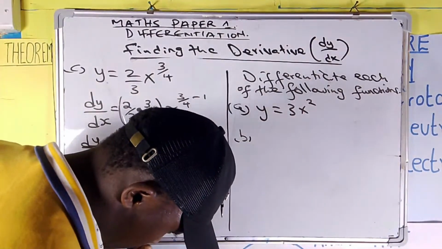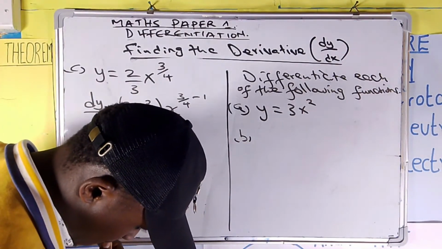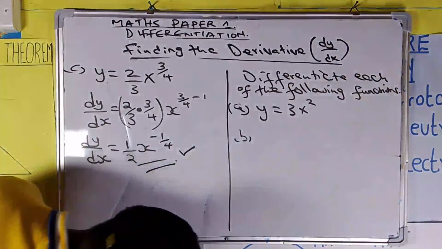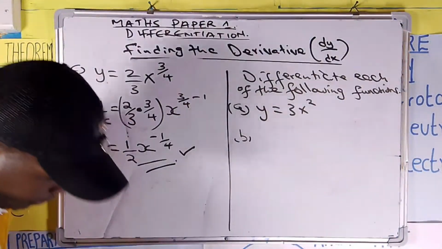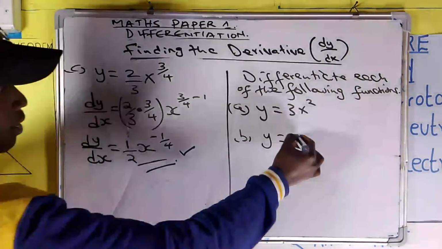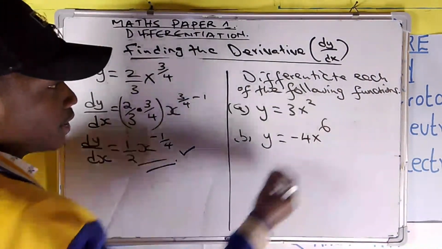B, y is equal to negative 4x to the power 6.